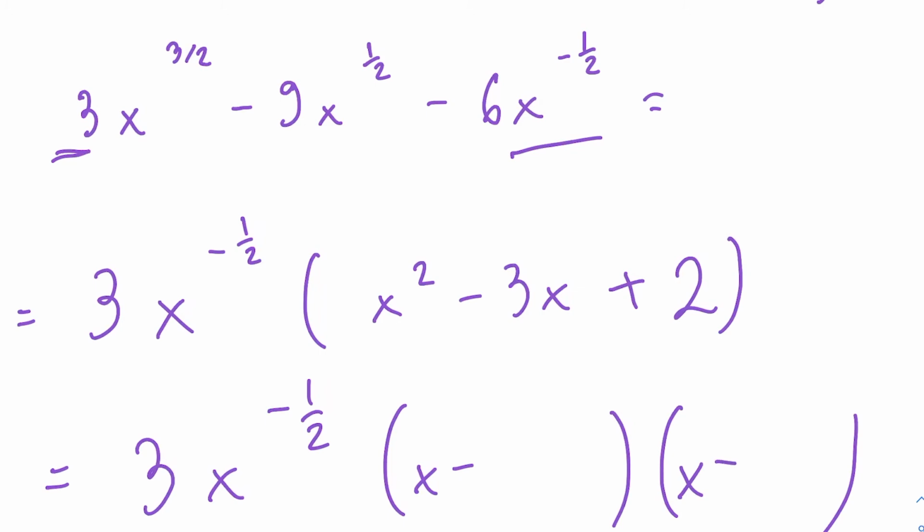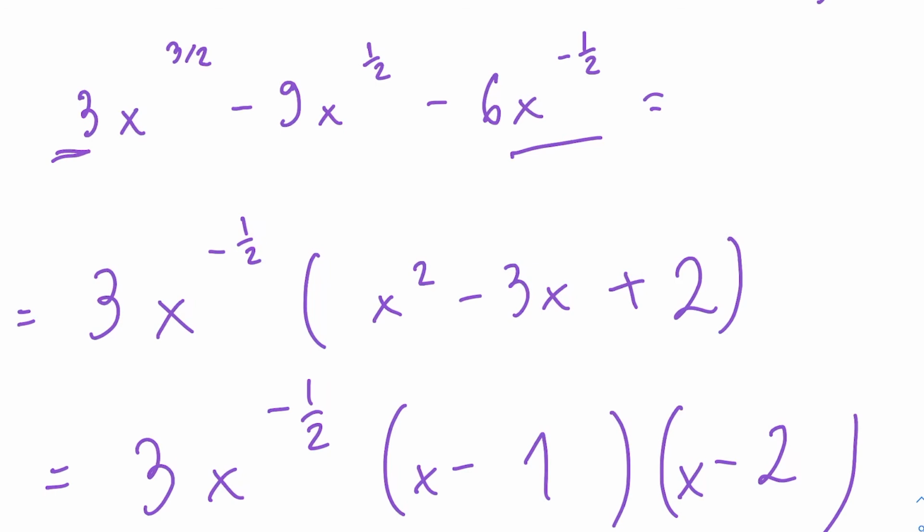Alright, great. So what multiplies to 2 and adds to 3? Let's try 2 and 1. That works because 2 times 1 is 2, and minus 2 minus 1 adds up to negative 3. Great! We've solved that one as well.